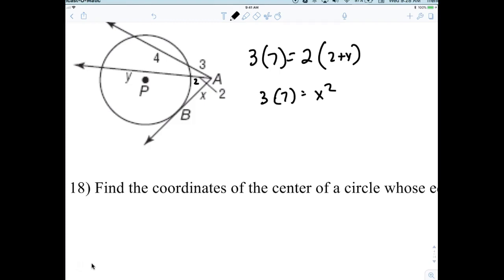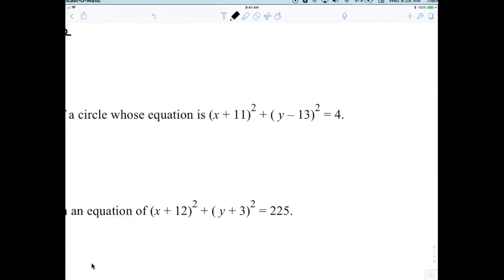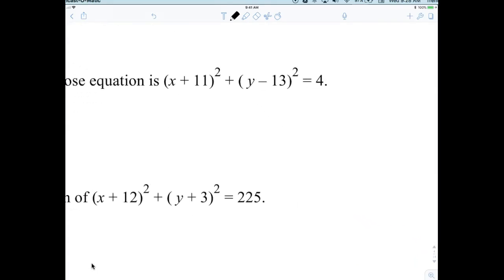All right. Okay, find the coordinates of the center. This one should be relatively easy. If I'm trying to find the center, 11 comma negative 11. Oh, that was right. Not everything's factorable.